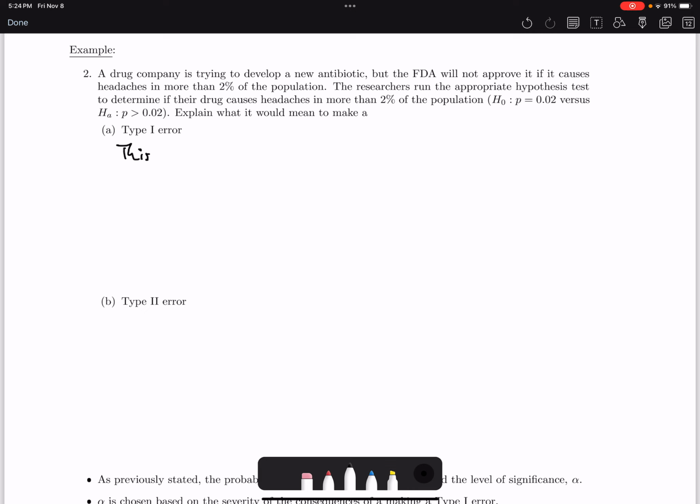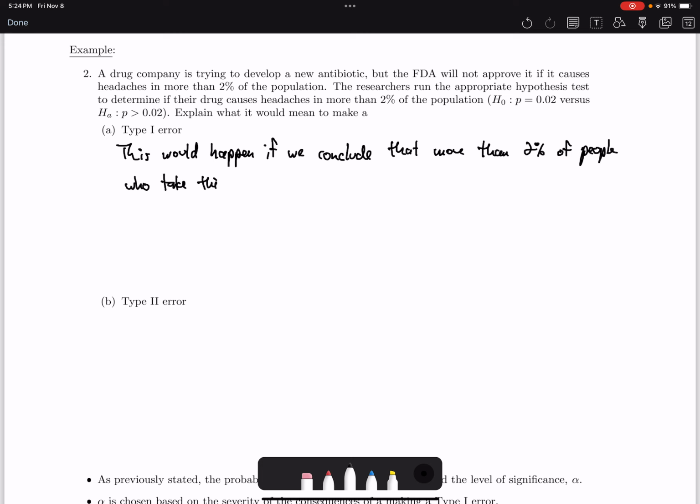This would happen if we conclude that more than 2% of people who take this antibiotic experience headaches, when, in fact, only 2% of them do.